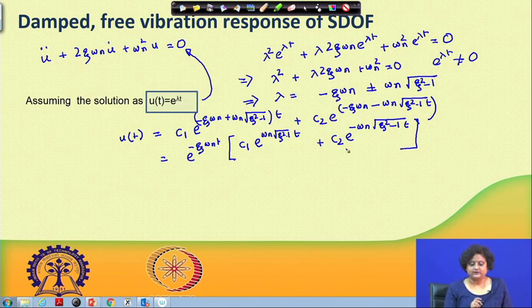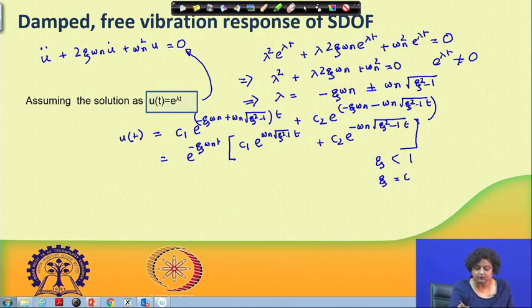Now comes the question of zeta. Three cases can happen: zeta could be less than 1, zeta could be equal to 1, and zeta could be greater than 1.